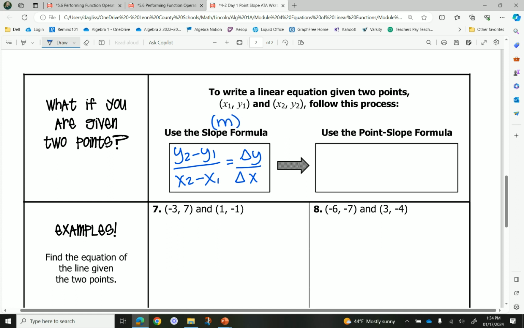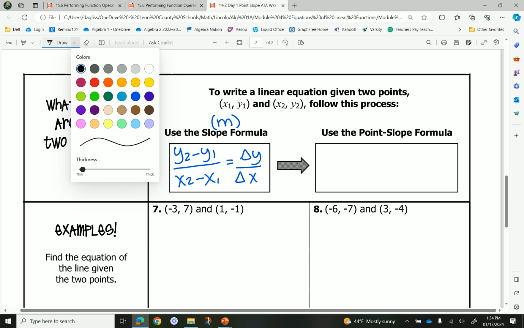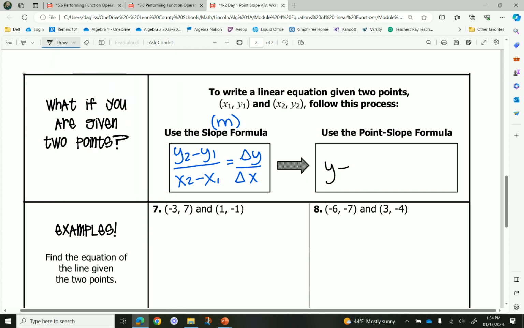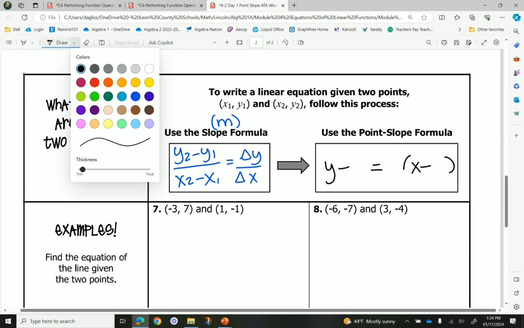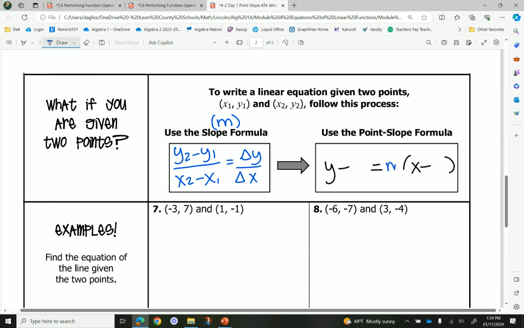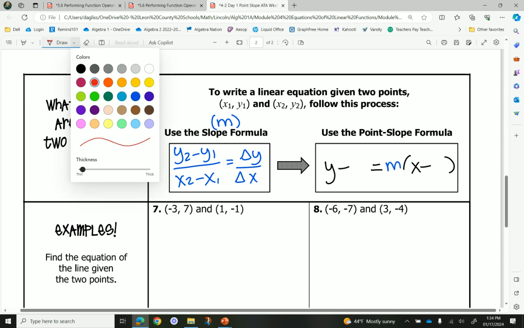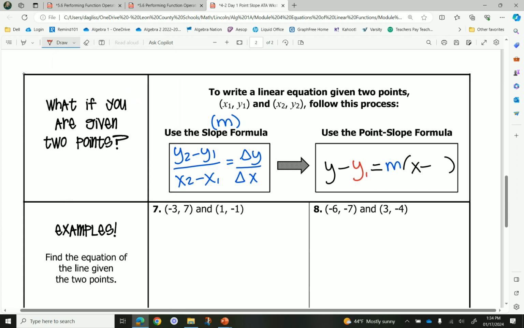Okay? Once you find it, then we do exactly what we did on the front. Once I find m, then I can plug it in with my points, and rewrite it as slope-intercept form, and then our 3 steps from the front.